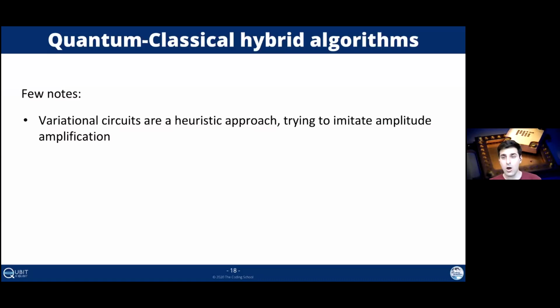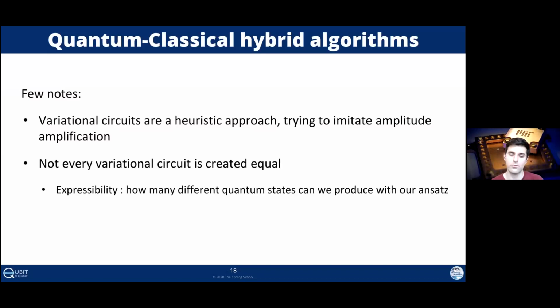Now, in contrast, for Grover's algorithm, we can actually prove that it is faster than classical search using math or the tools that we've shown. Whereas with these variational circuits, it's very difficult to prove using math that they're actually faster. But there are techniques and benchmarks that we can show that some of them actually perform better.